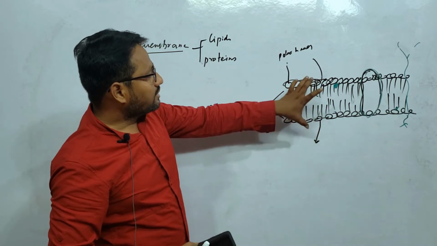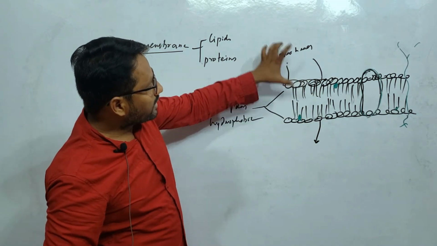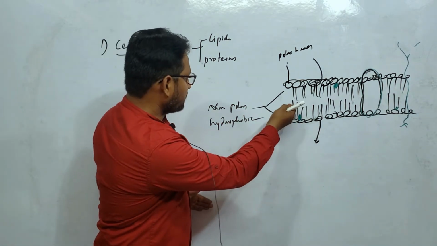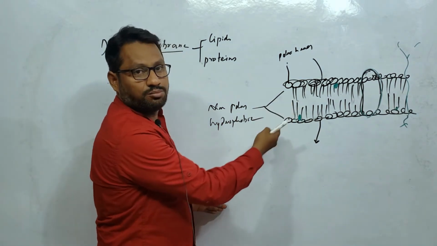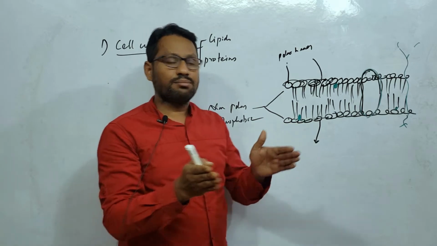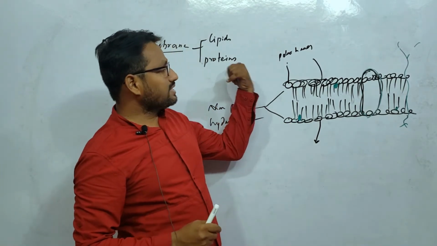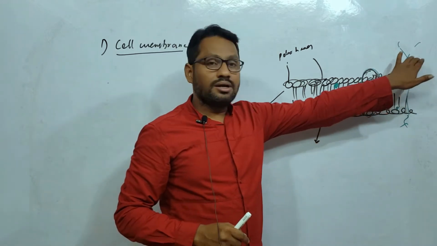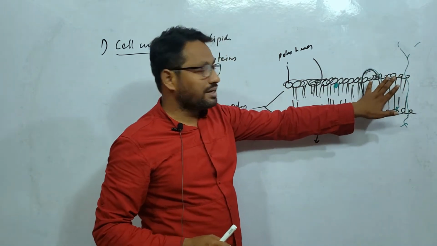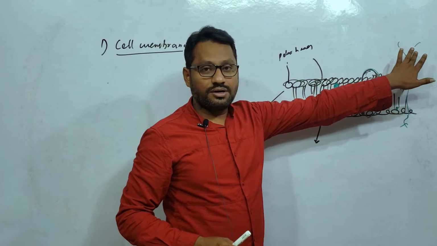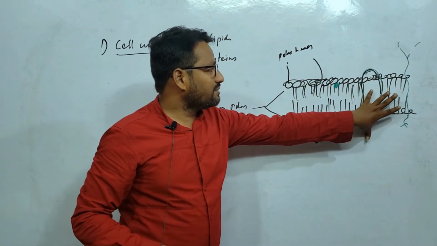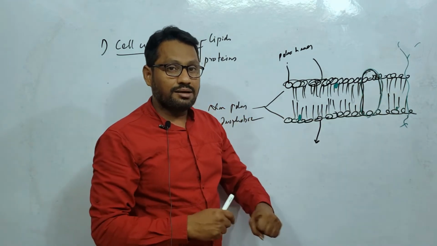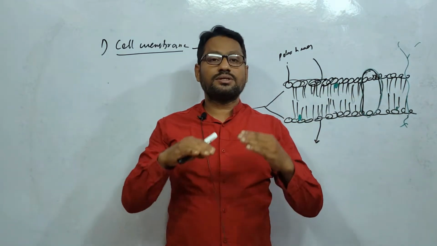The polar heads face on either side of the membrane, and their hydrophobic tails, that is non-polar in nature, are embedded in the membrane itself. Proteins can be integral proteins or peripheral proteins. Integral proteins are buried in the membrane, whereas peripheral proteins are present on the surface on either side of the membrane.